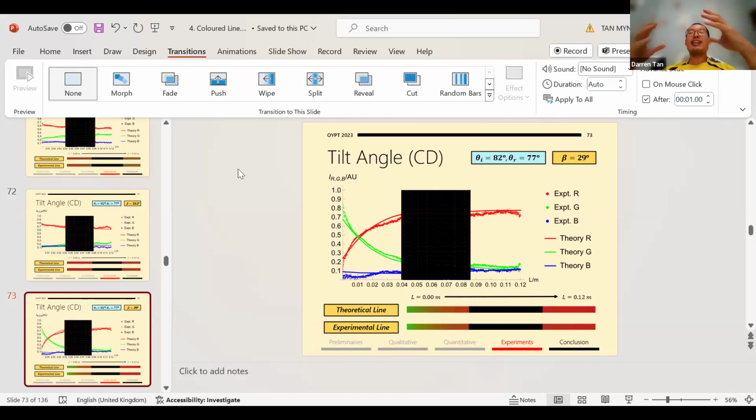Every single graph you see has so many points. If the horizontal axis is the length, it's probably a lot of work to get every single data point. And as you can see, there are so many graphs. Not to mention understanding the theory, which is not simple in itself.